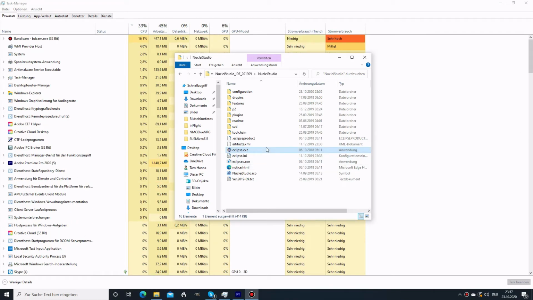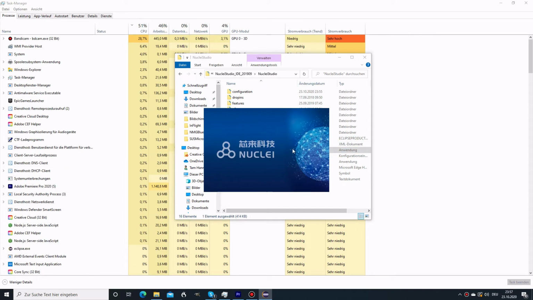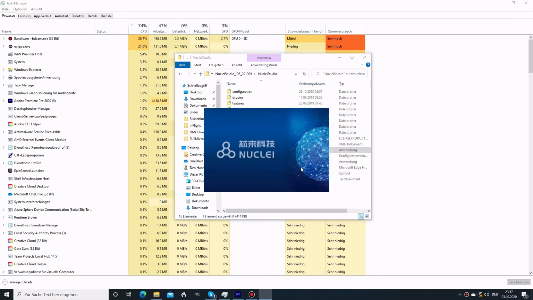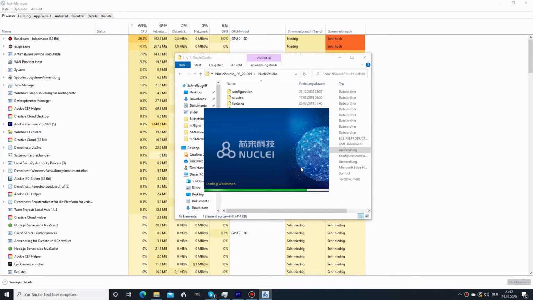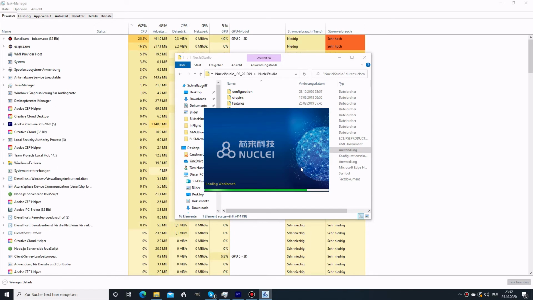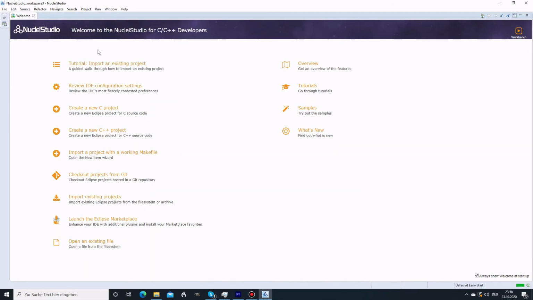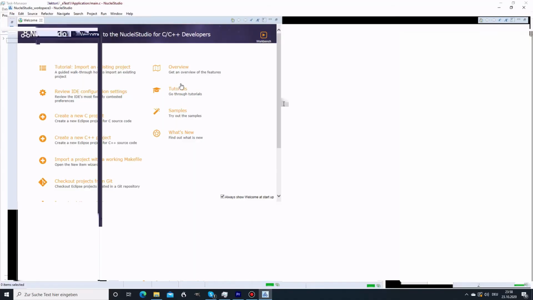Well, what you see here is Nuclei Studio IDE. I'm starting it up, selecting a workspace, and we see it's starting up as a more or less normal Eclipse CDT based work environment. And then after the successful start, you see here, it's really a completely normal system.